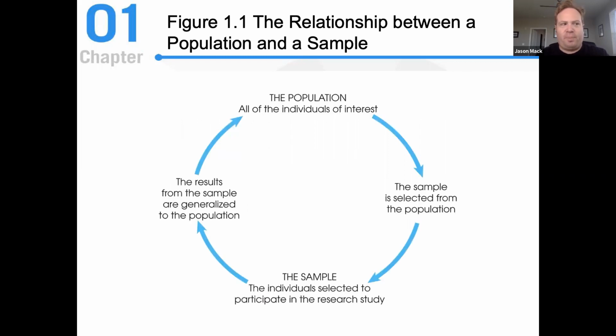So the relationship between a population and a sample: the population is all of the individuals of interest. The sample is selected from the population, the individuals selected to participate in the research study. And then the results from the sample are generalized to the population. You make a broad generalization when you talk about the sample in relationship to the population.